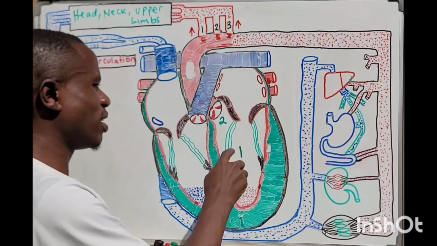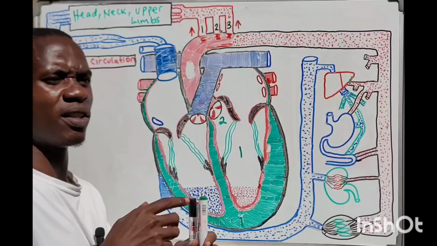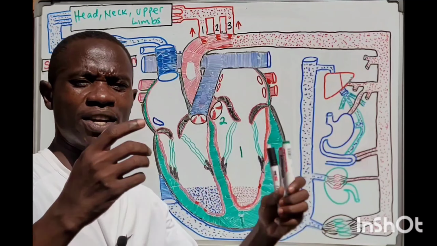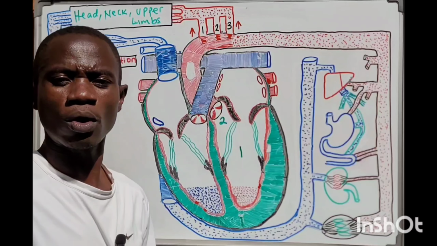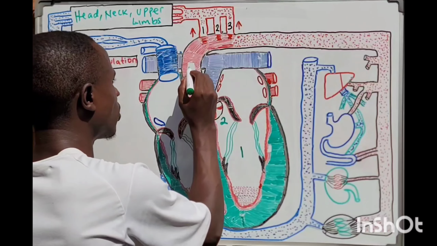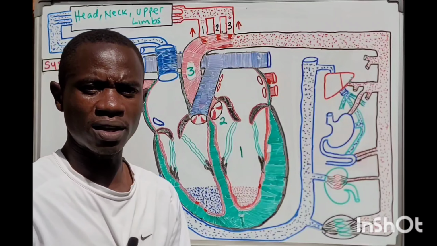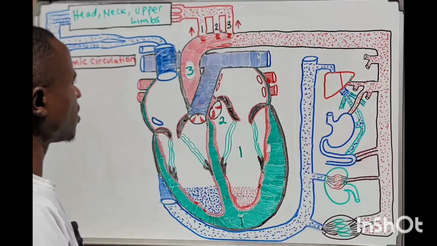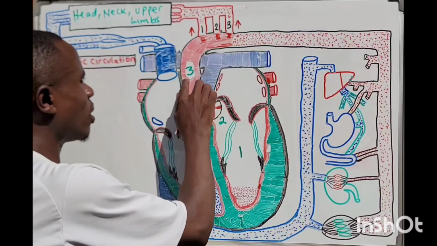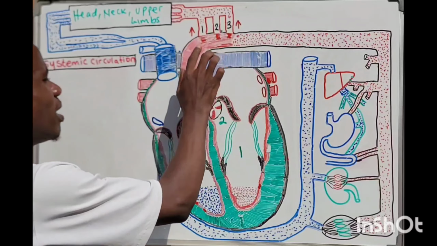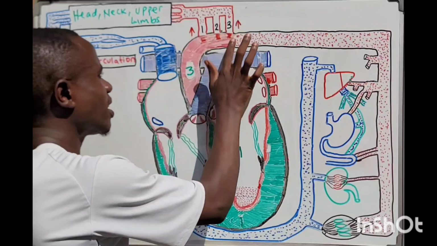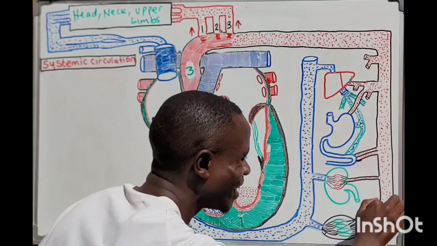When the aortic semilunar valve opens, it allows the blood to move into one of the biggest arteries in the human body, the aorta. This is our third step in the systemic circulation. When the blood reaches the aorta, we have the ascending aorta, the aortic arch, and the descending aorta.